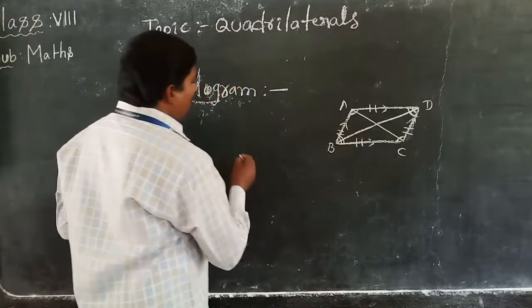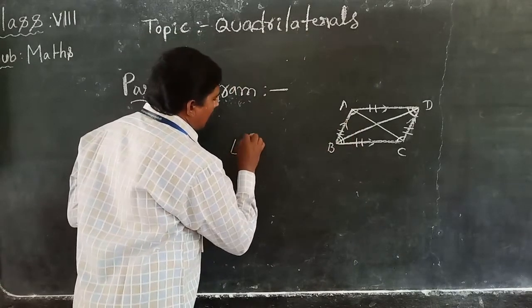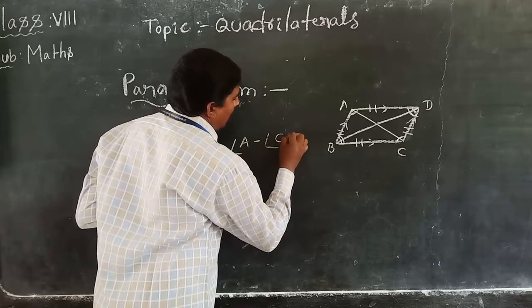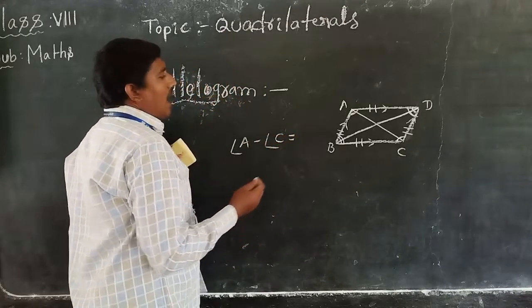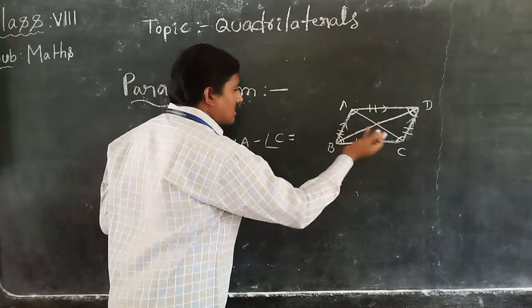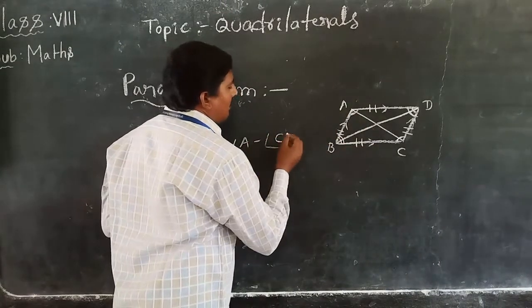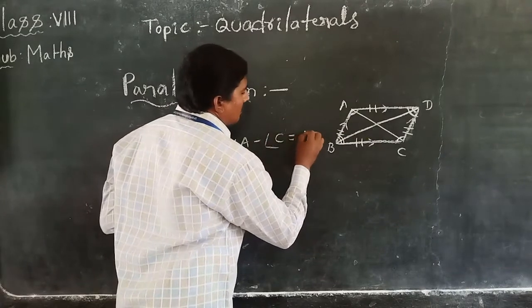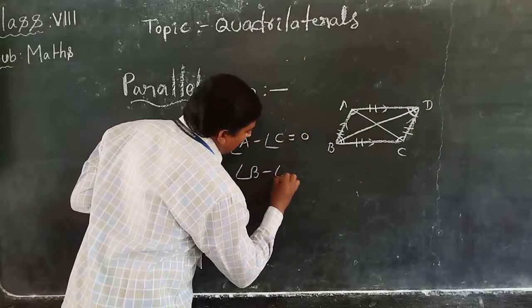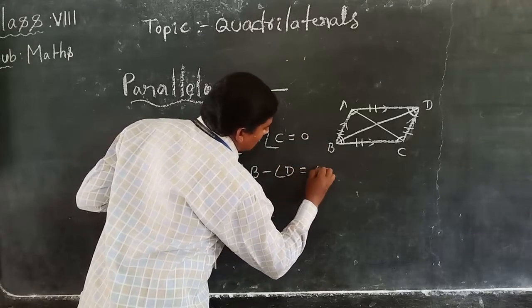What about the value of angle A minus angle C? Angle A, how much will it be? Angle C also has the same value. So angle A minus angle C is equal to 0. Angle B minus angle D is equal to 0.